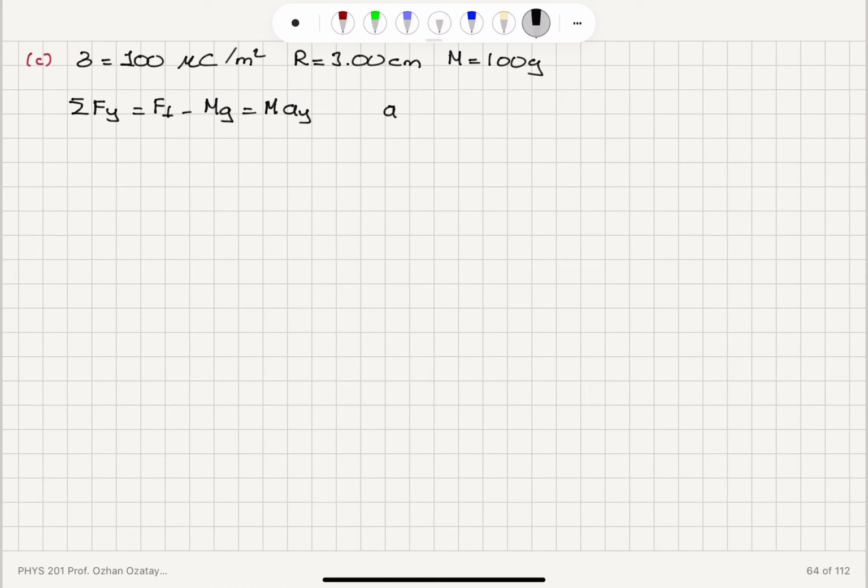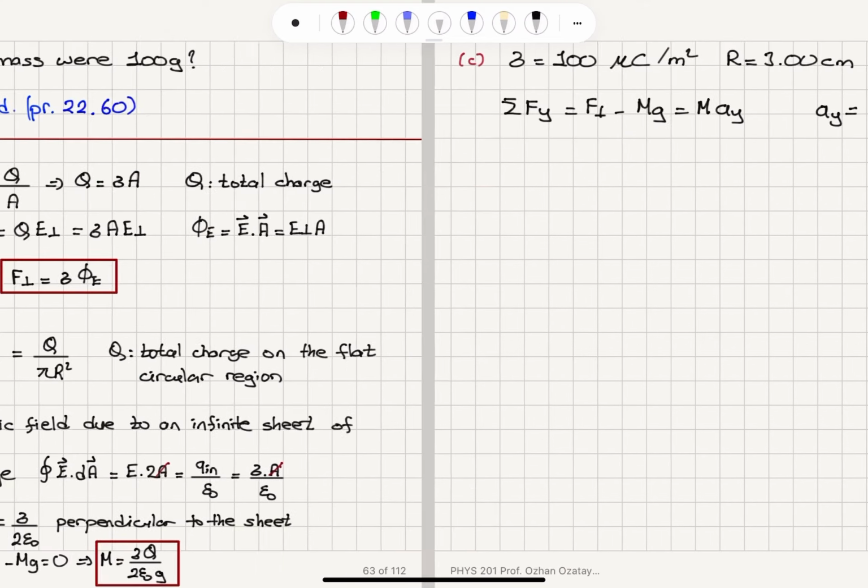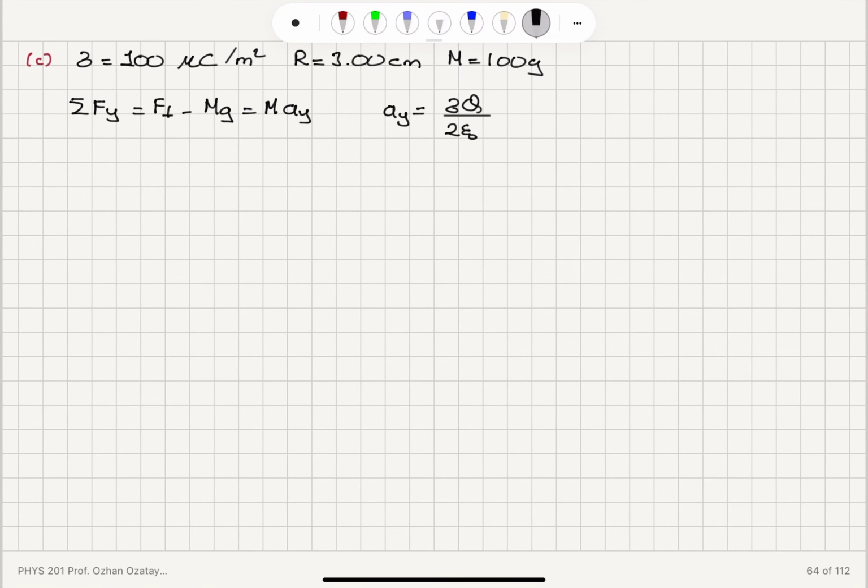Okay, so I can see that this vertical acceleration will be equal to our perpendicular force, sigma q over 2 epsilon 0, divided by the mass m, minus g.